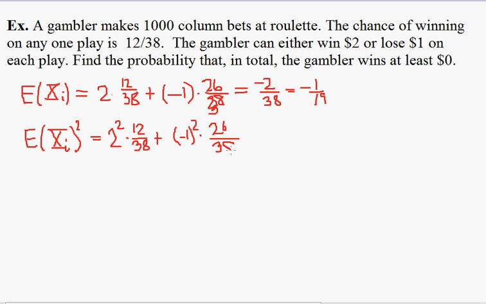Let me clean that up. So this should have been a 38 here. That was a typo. And so we get 4 times 12 plus 26 makes 74 over 38, which is 37 over 19.